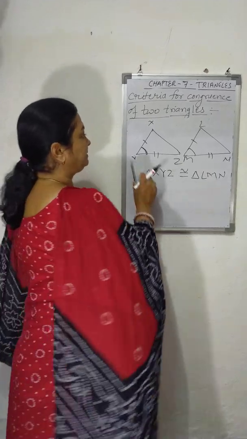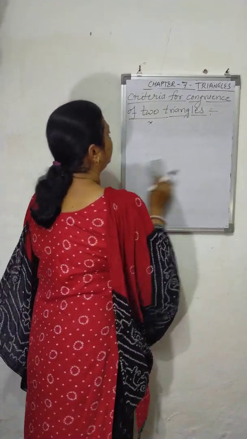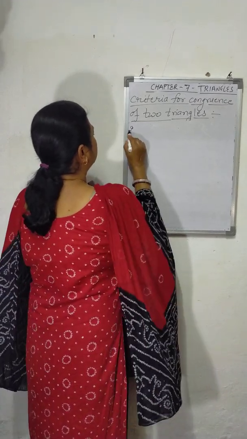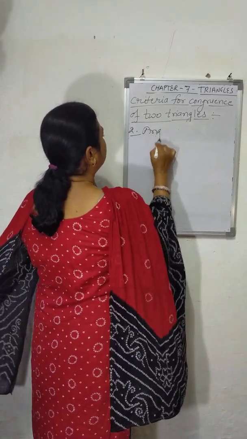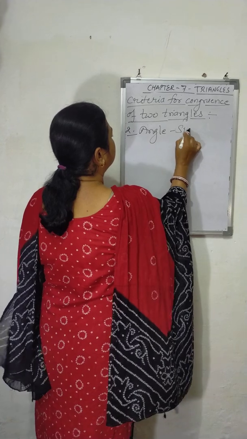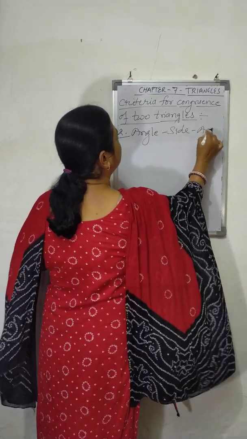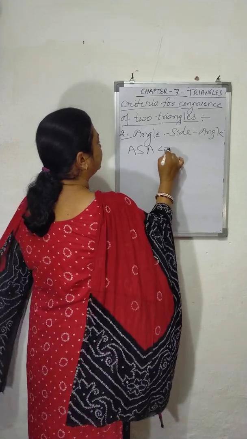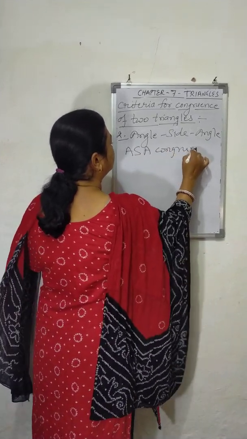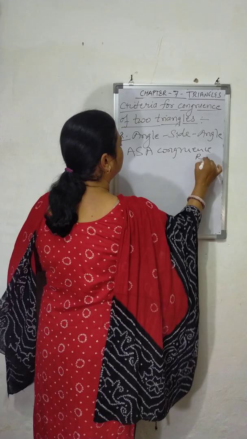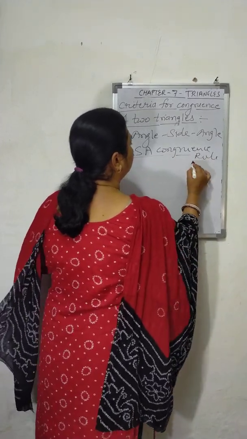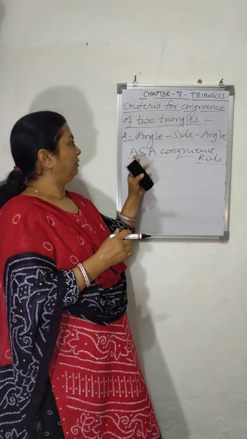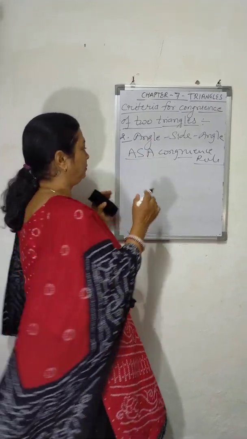Now let us discuss the second congruency rule, that is angle side angle, or in short ASA congruency rule. So what is the statement of this rule?